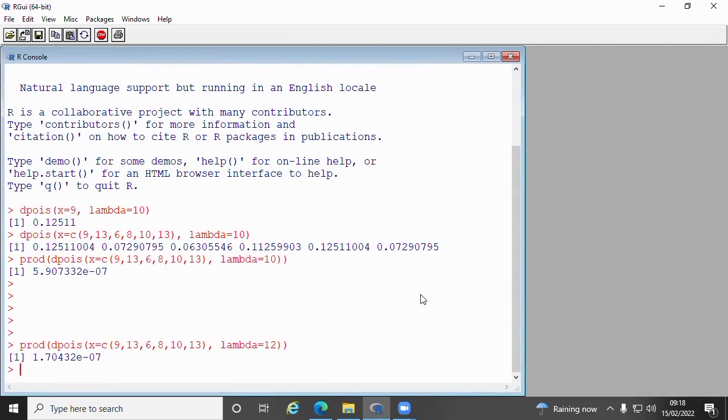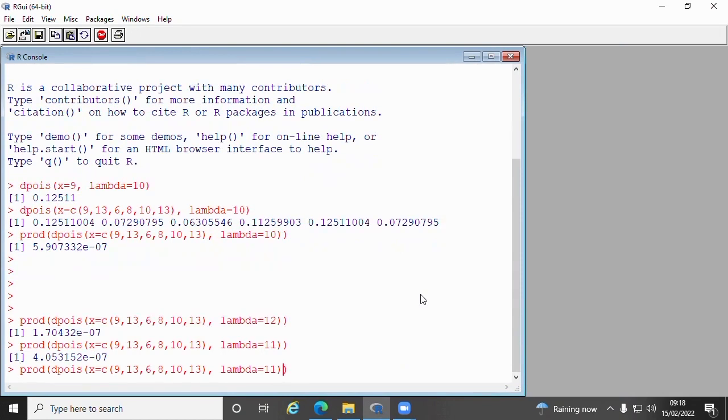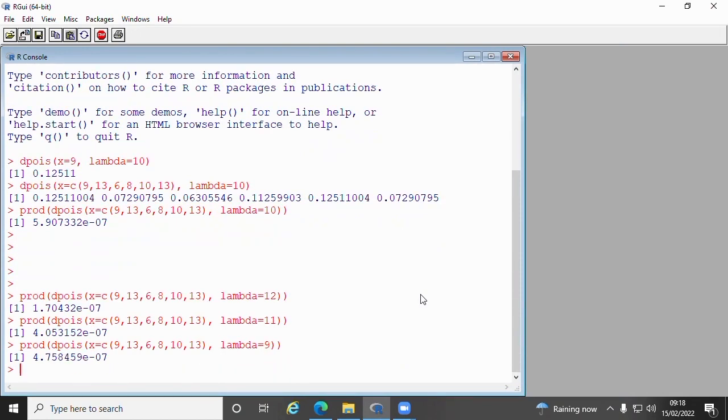We get the answer we compute. And you can just play around, like you try other numbers, 11, 9, then you see some other probabilities. And then you compare all these probabilities to see which probability is the largest. Then that value of lambda will be the so-called most reasonable guess.